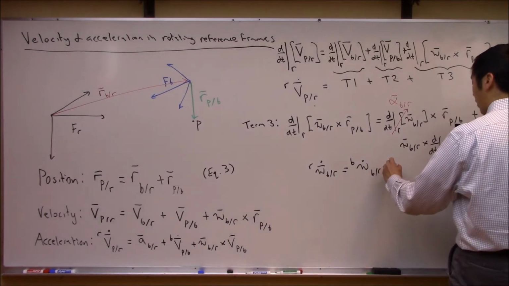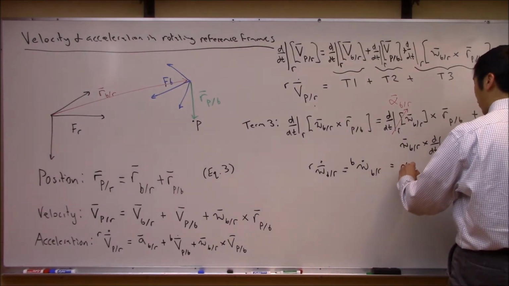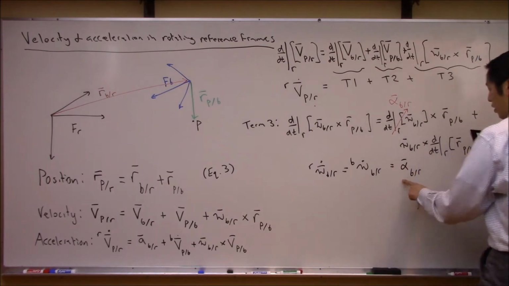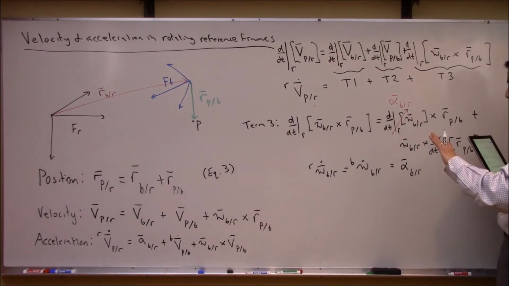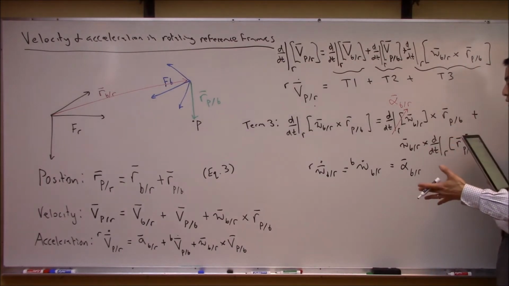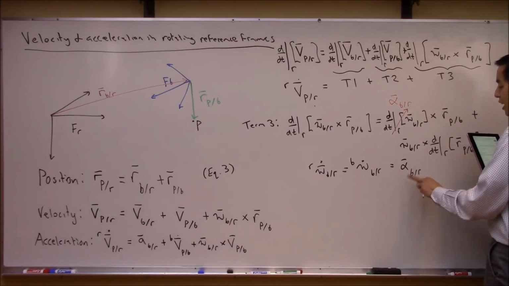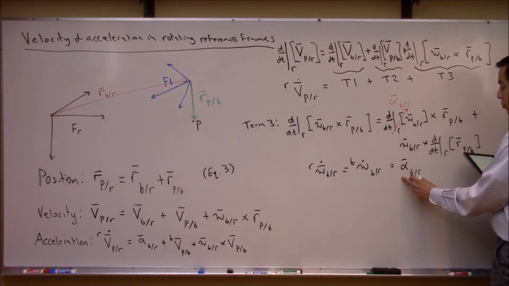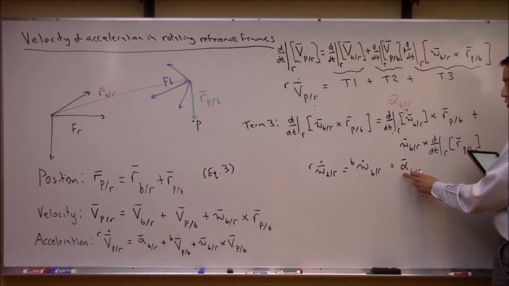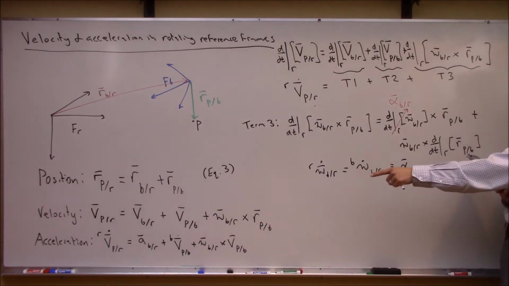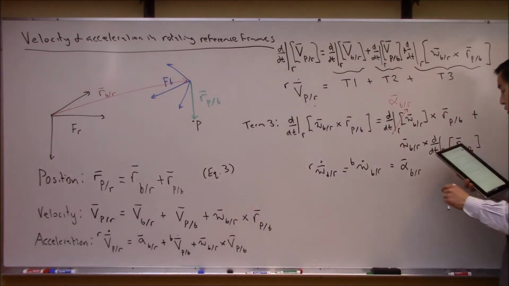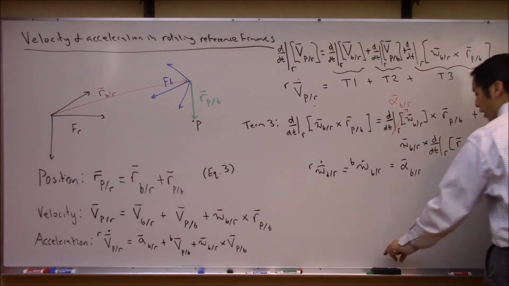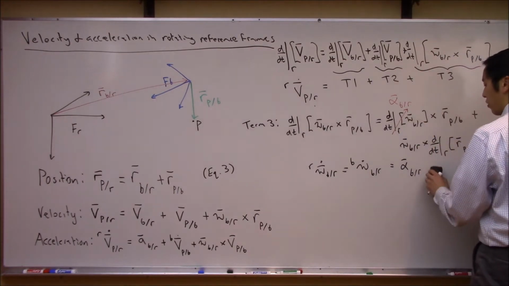So we'll just call that alpha b with respect to r. You can think of it as the angular acceleration of the two frames as they rotate with respect to one another. You don't have to worry too much about writing down what each term means. Once we get a giant ugly expression for acceleration, we'll list out explicitly what each term is.